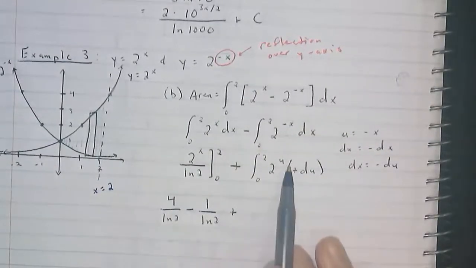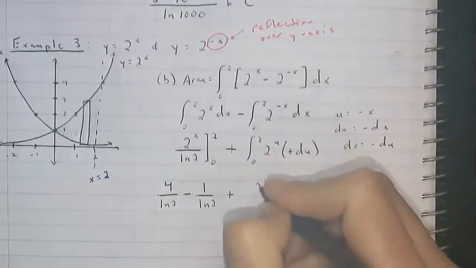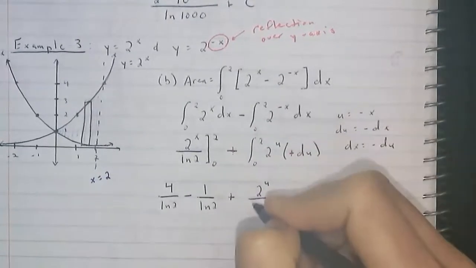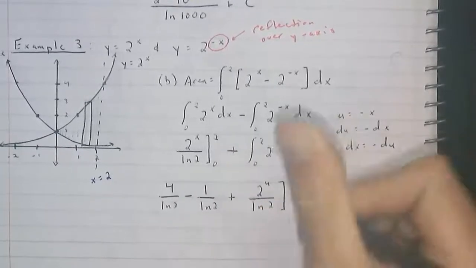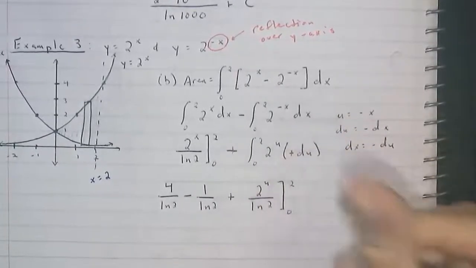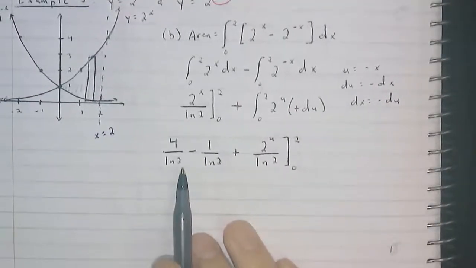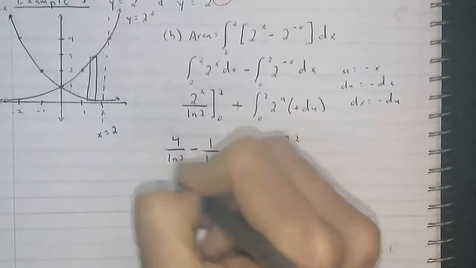And this integrates just the same way. We end up with 2 to the u over the ln of 2 from 0 to 2. 4 over ln of 2 minus 1 over ln of 2 should just turn out to be 3 over the ln of 2.